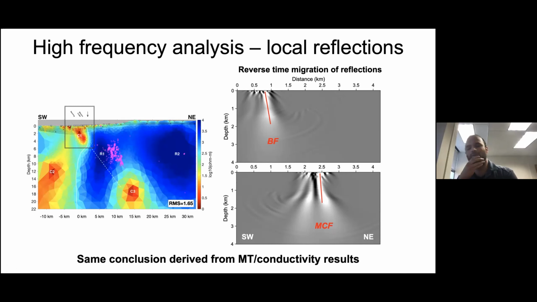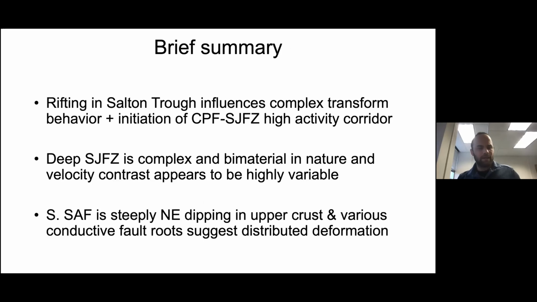But once again, what's happening deeper is still kind of enigmatic, and this is something we'll continue to work on and figure out, and hopefully we'll have some clear answers about that in the near future. So I know that was a lot, and I've left enough time, I think, for discussion.